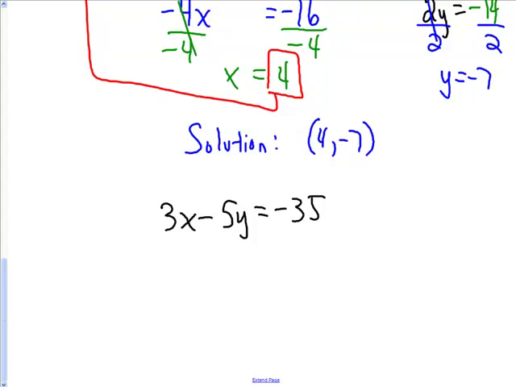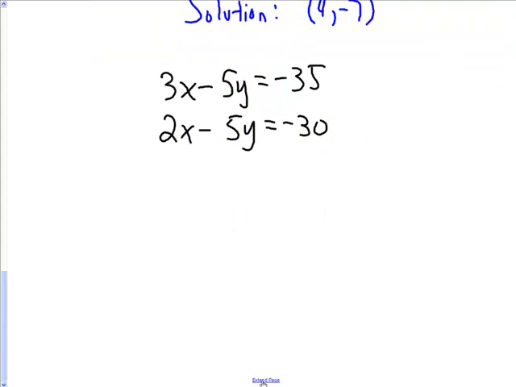And 2x minus 5y equals negative 30. So we see now we have negative 5y and negative 5y. So what do our rules say? Well, they are both the same term with the same sign, so we need to subtract.